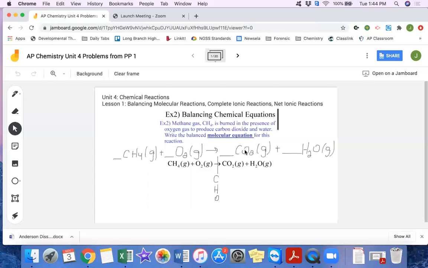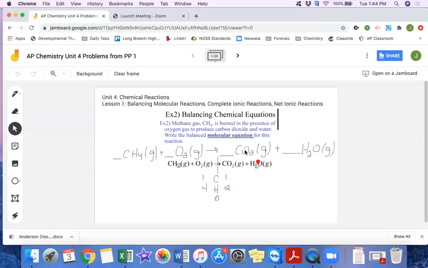Then we count how many atoms of each element we have on the left side and then on the right side. On the left side of the arrow for carbon, we have 1, because when there's no subscript next to carbon or any element, we know that it's 1. And how many carbons do we have on the right side of the equation? Again, we have 1. Now let's move to hydrogen. On the left side, we have 4 hydrogen, and on the right side, we have 2 hydrogen.